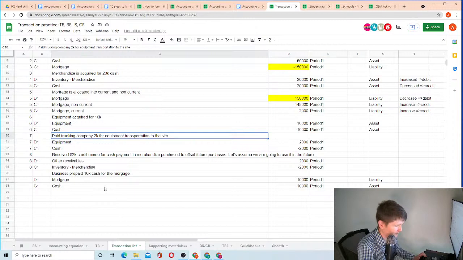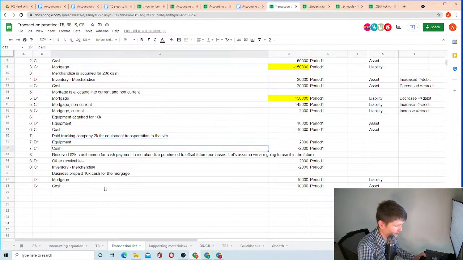So we paid 2,000 cash, and we say, okay, credit cash, outflow, asset, and that's also an asset.